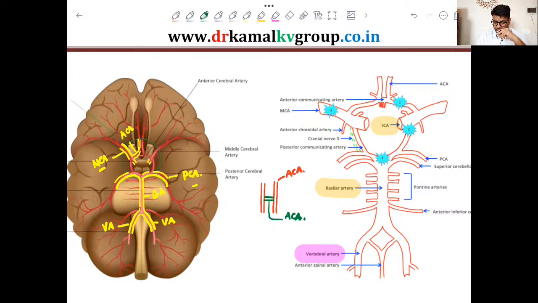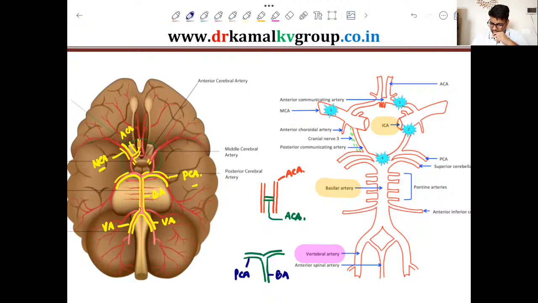Similarly, on the posterior side there is a posterior communicating artery. If we draw something like this, this is the posterior cerebral artery. If these are the posterior cerebral arteries, I'm sorry, I'm drawing in green, it should be in red actually. So this is the basilar artery and these are the posterior cerebral arteries.